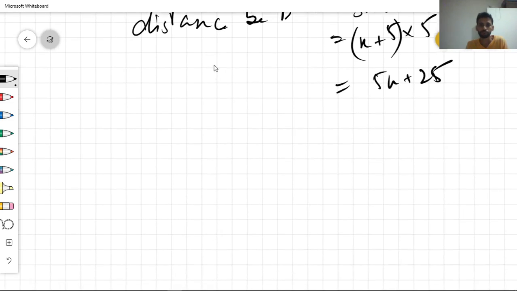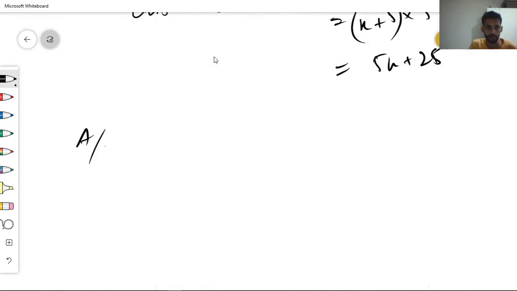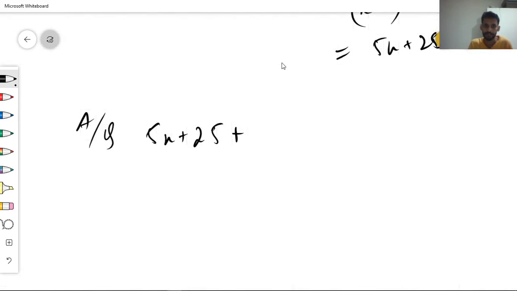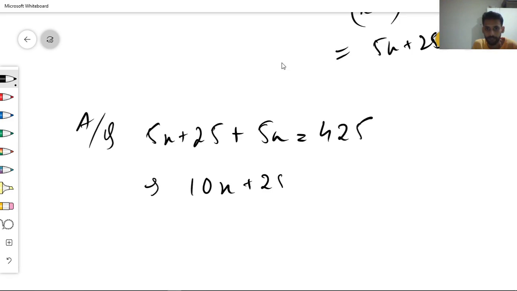If we combine the two distances, 5x plus 25 plus 5x gives the total between the two cars, that is 425. So 10x plus 25 is equal to 425.